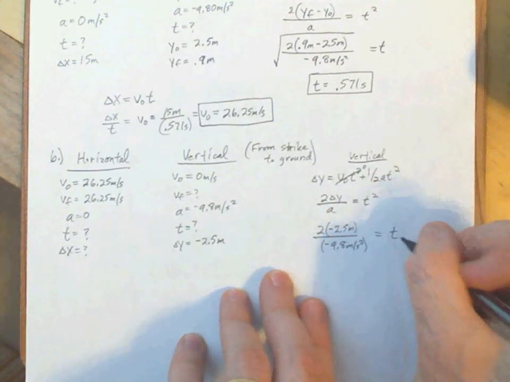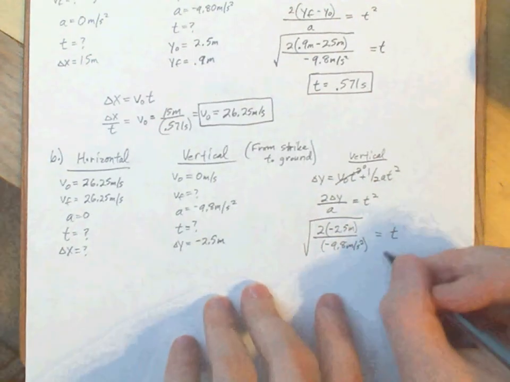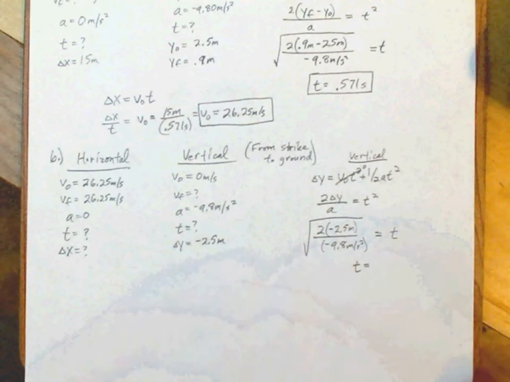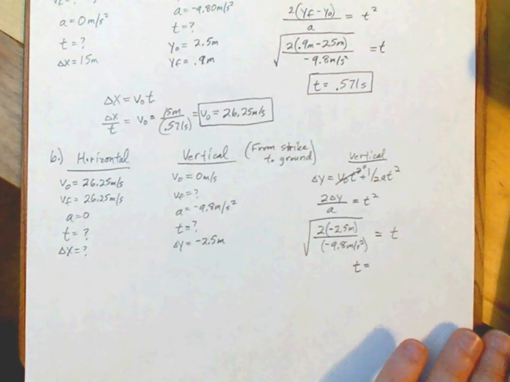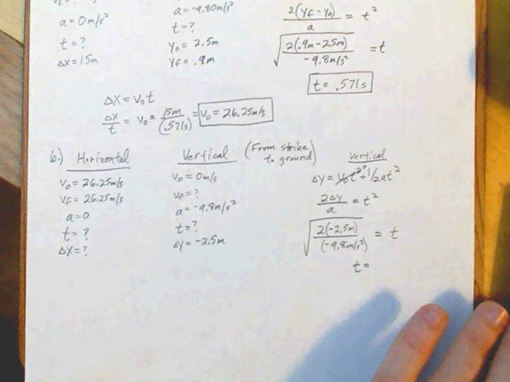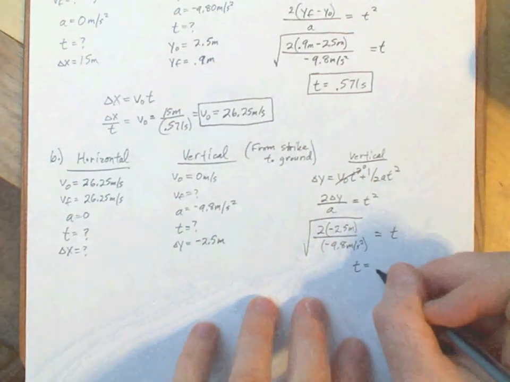Take the square root and it will spit out that t, the total time in the air. 2 times 2.5 is 5, divided by 9.8. Take the square root, and I get that the time is 0.714 seconds.